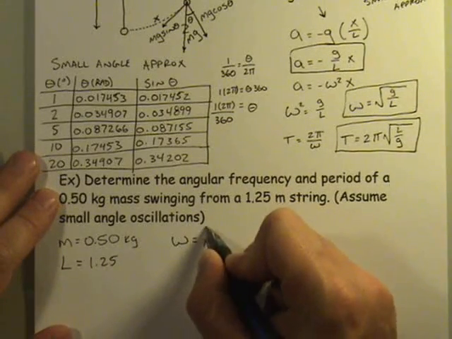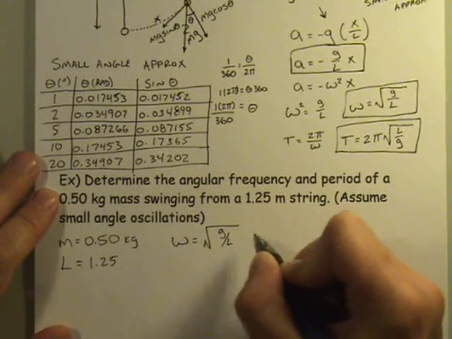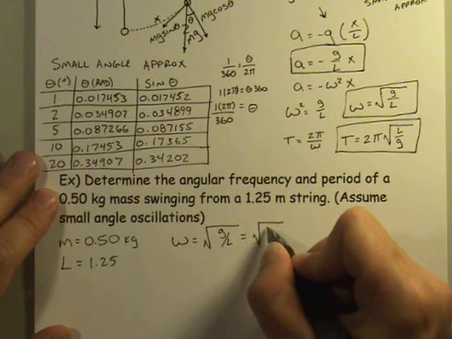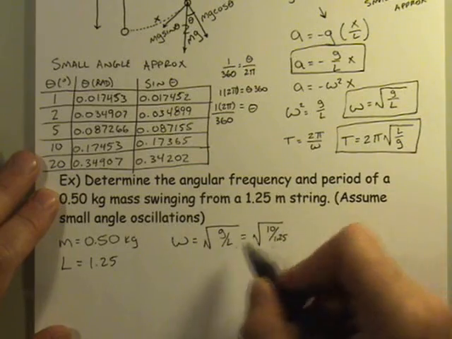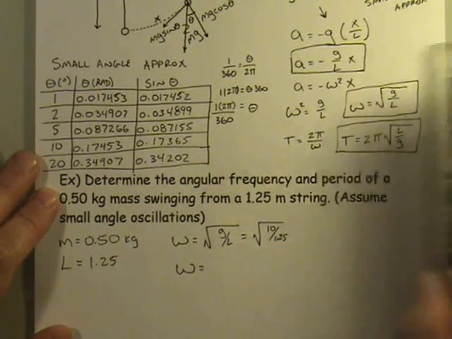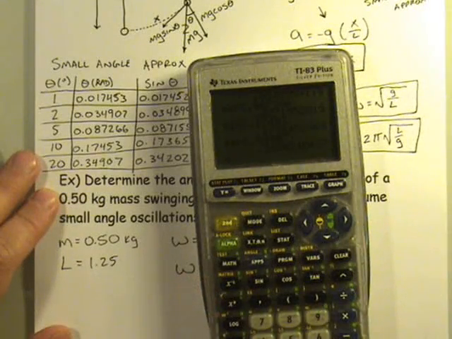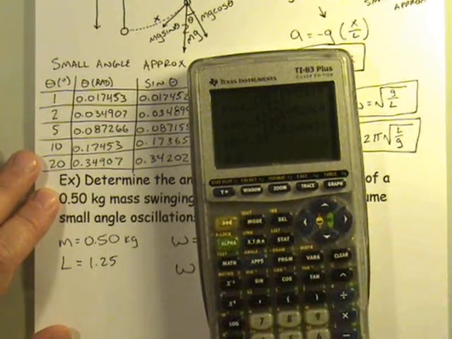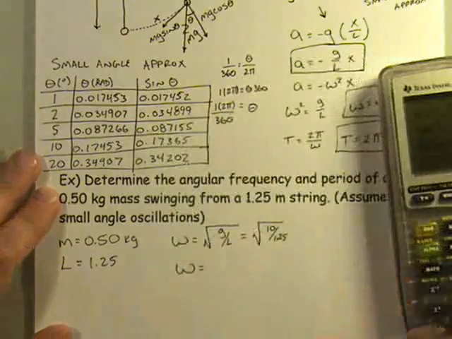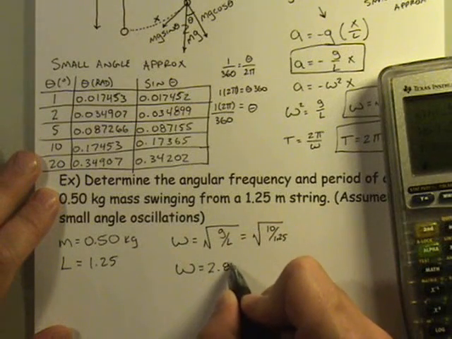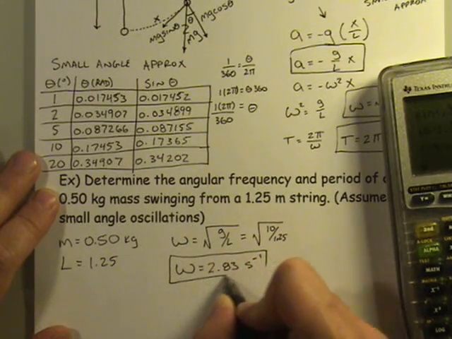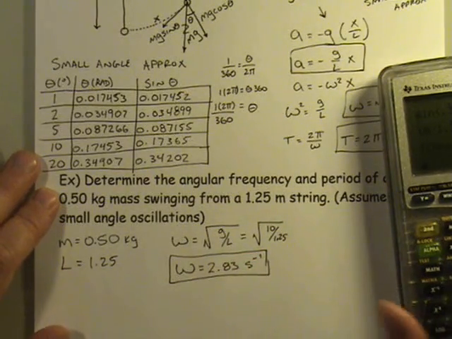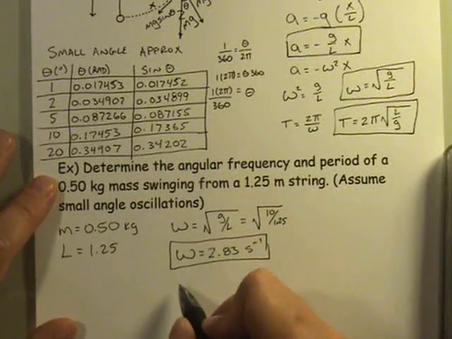Omega is the square root of G over L, so that's the square root of 10 over 1.25, and we end up with omega equals 2.83. Remember, that's inverse seconds. And we can calculate the period.